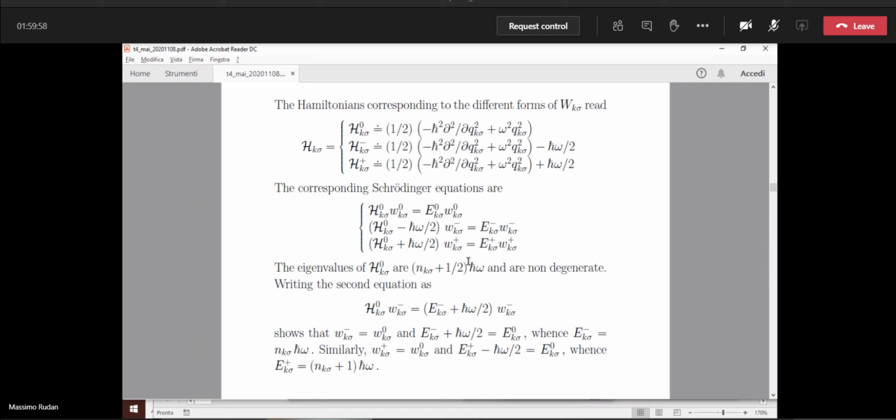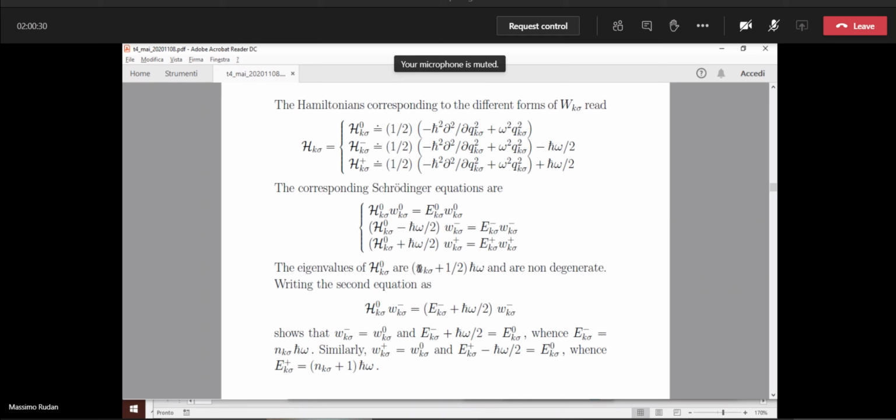You remember omega is equal to c times the modulus of k, the wave vector. And this number n must also depend on the indices of the operator, so it must depend on both the index of the wave vector and on the index sigma of the polarization.